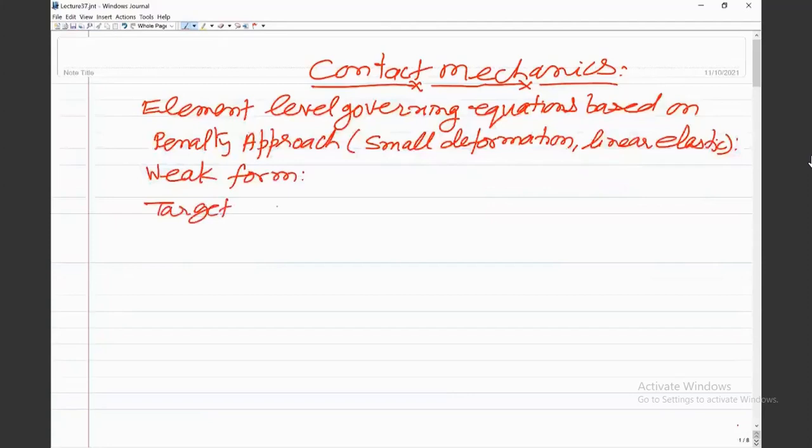So for the target, the weak form as we wrote in the last class: integration over volume of the target, delta epsilon for the target into sigma t dV, and this is equal to virtual work of body forces, tractions, and the contact force.